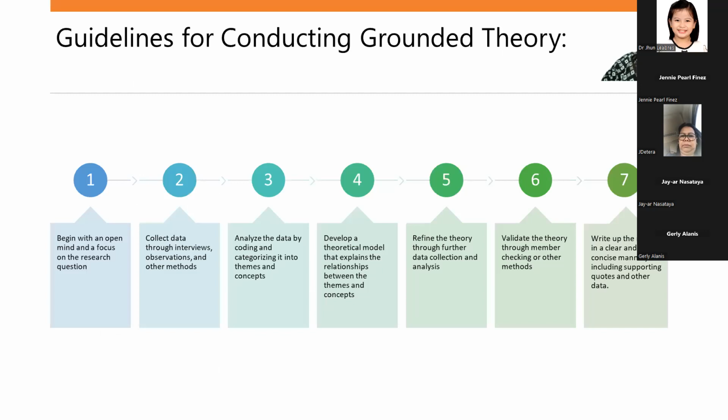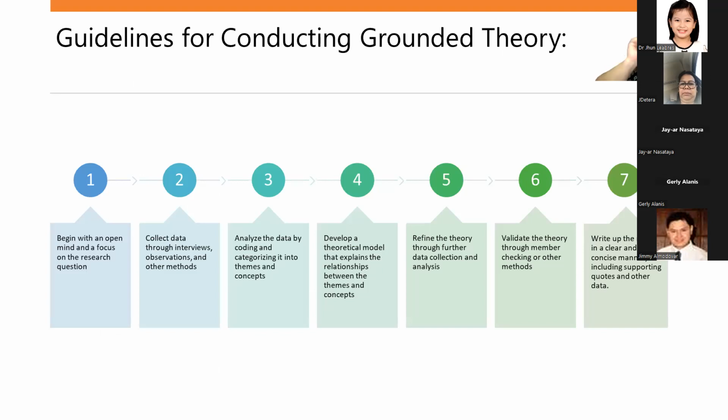Okay, so how do we conduct grounded theory? So open mind, focus on the research question, collect data through interviews, observations, and other methods. So, what else? You do coding and categorize them into themes and concepts. In Pheno, we do themes, right?